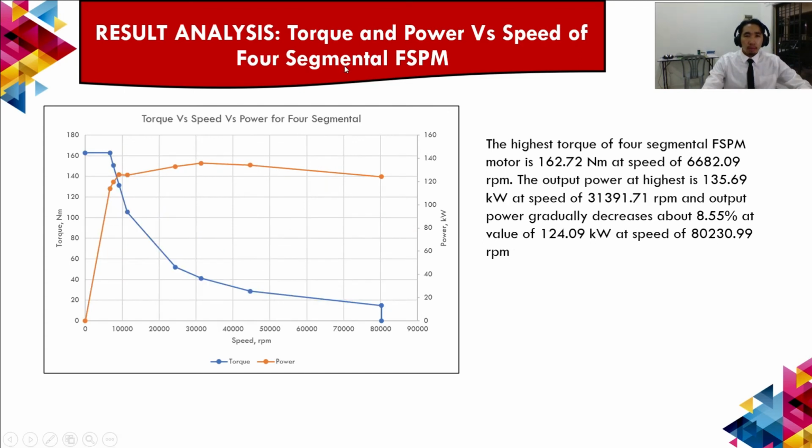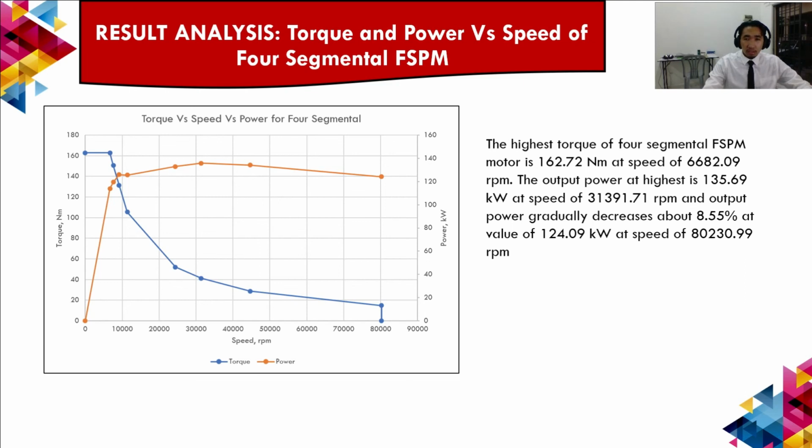For the 4 segmented flux switching permanent magnet, the highest torque recorded is 162.72 Newton meter at a speed of 6682.09 rpm. For the output power, the highest is 135.69 kilowatt at a speed of 31,391.71 rpm.